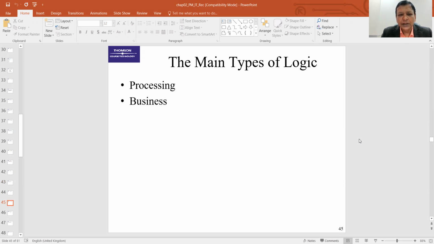So what's a processing logic? Processing logic means we have arithmetic operators in the programming, like basic mathematical operations, plus, minus, multiply, divide. Like we go to any cash counter of supermarket, Lulu, Hyper Panda, Panda, Danube, Carrefour.